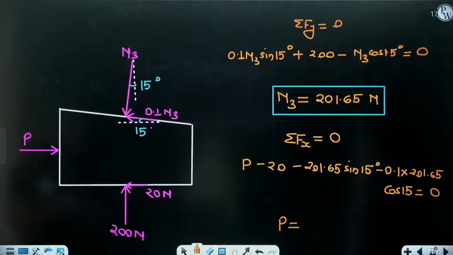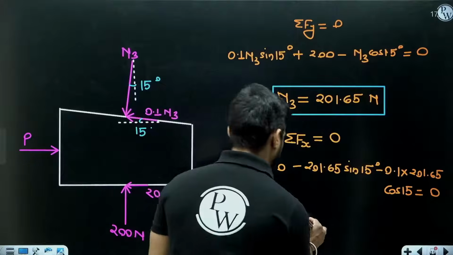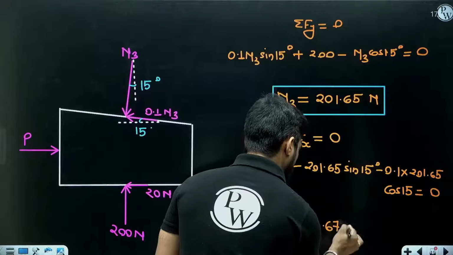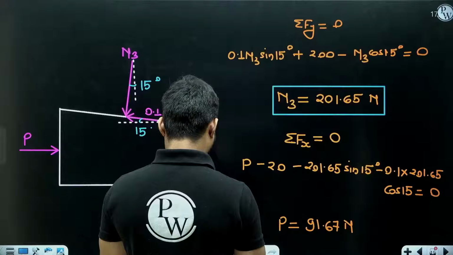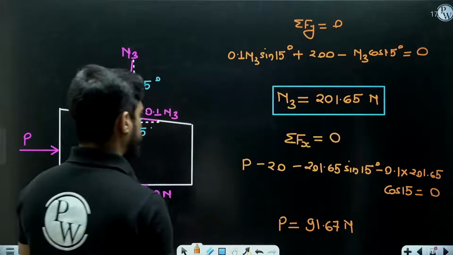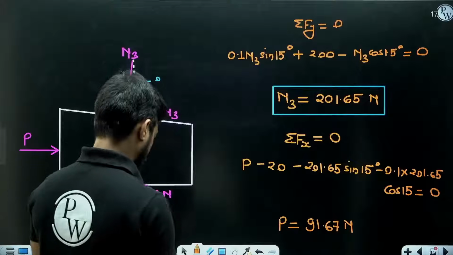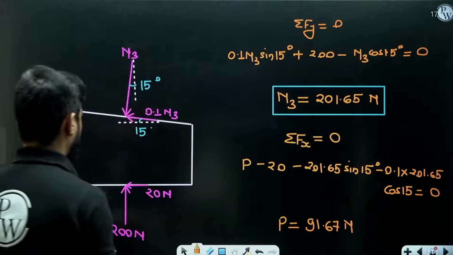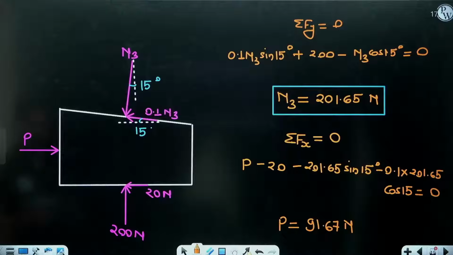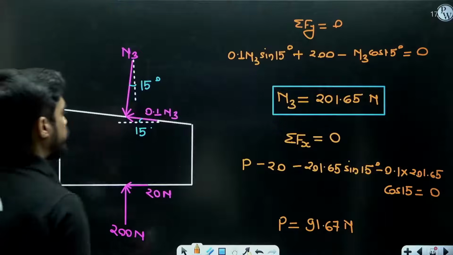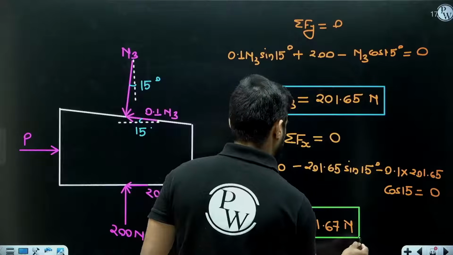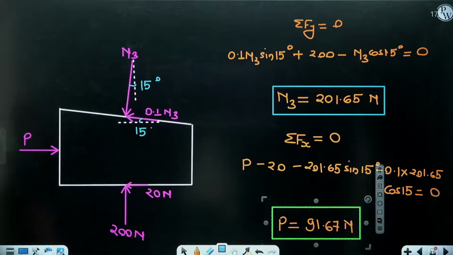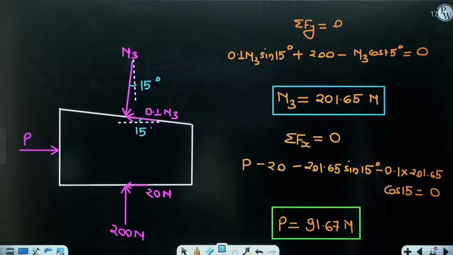I am getting around 91.67 Newton. So this is the answer. P is around 91.67.